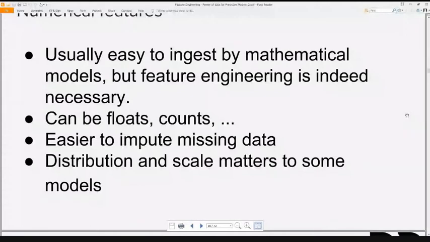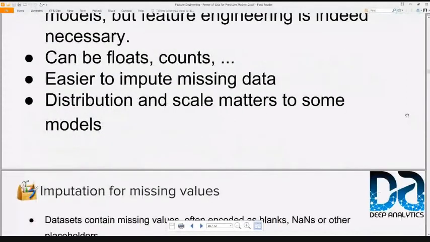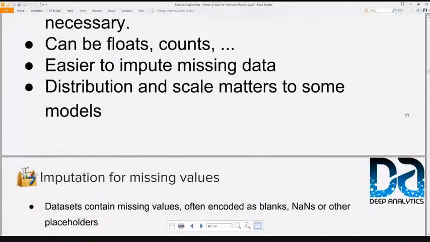The distribution and scale matter to some models, especially deep neural networks. You find scaling really goes a long way in improving the performance of the model.